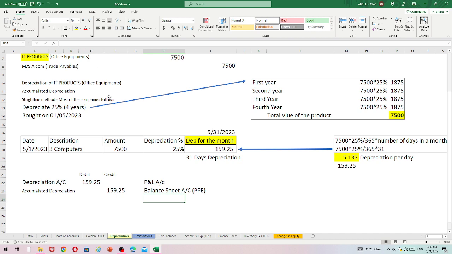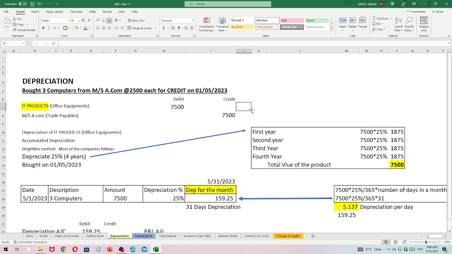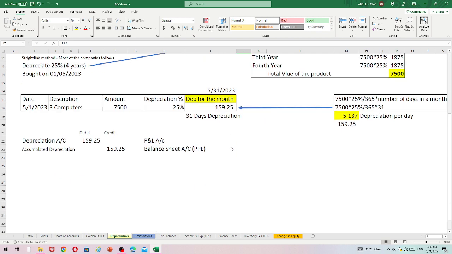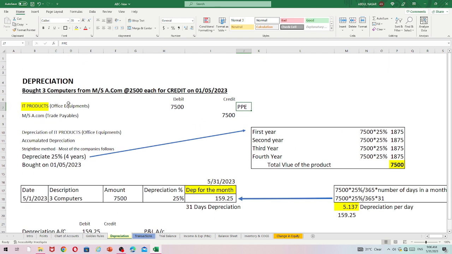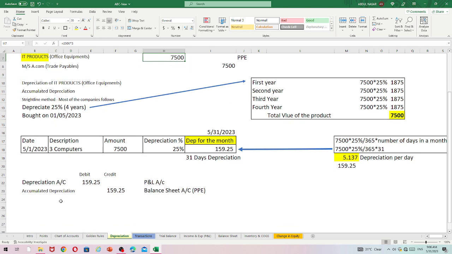So these assets also will come under the PPE account, right? Property, plant and equipment, because all the assets of the company are generally called the property, plant and equipment group. So here, instead of crediting the asset account directly, we are creating another account called accumulated depreciation.